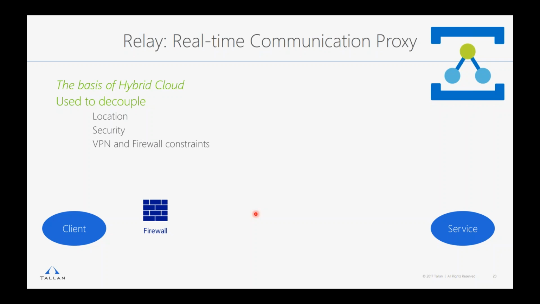This is really cool. When you set up Service Bus Relay, it actually establishes an outbound connection on a 443 port. So it's outbound, it's a 443, which is a secure port. And essentially what it does is it sets up a bidirectional port that's listening once the port's open.